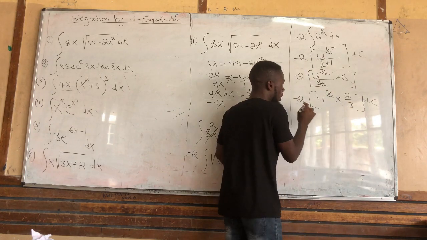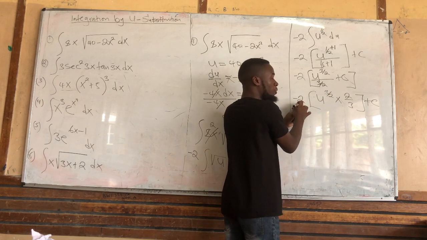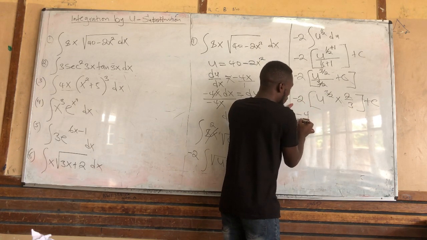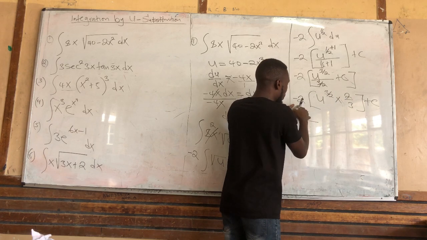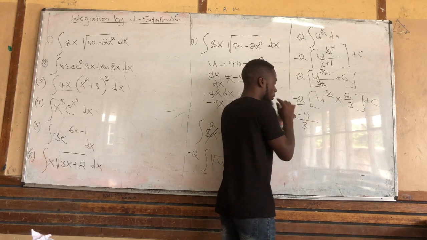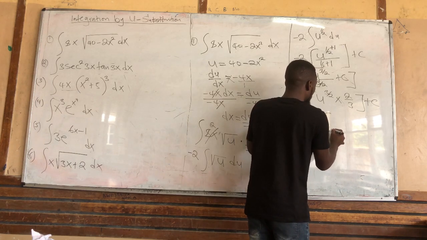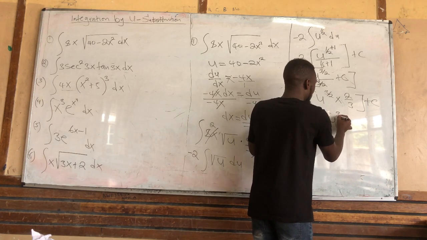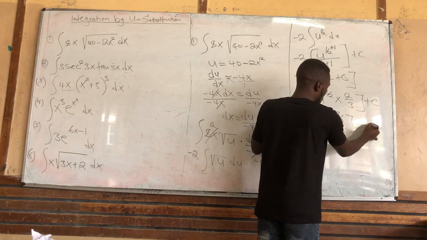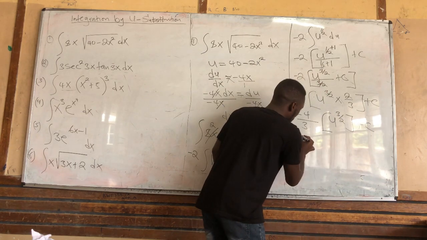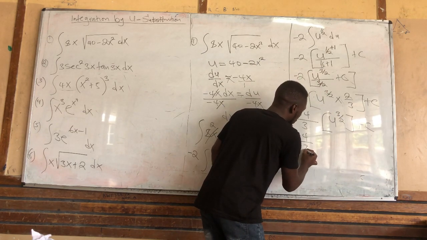So this will be 2 multiplied by negative 2, which is negative 4 over 3 multiplied by 1. Don't forget that there's a 1 down here. Then it will be u to the power 3 over 2 plus c, so here it will be negative 4 over 3.